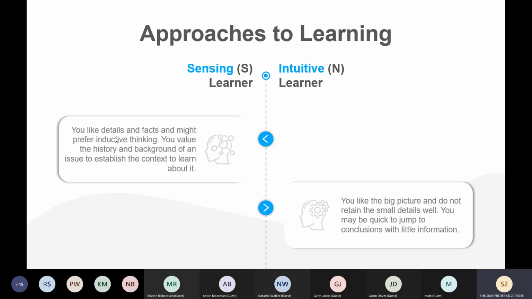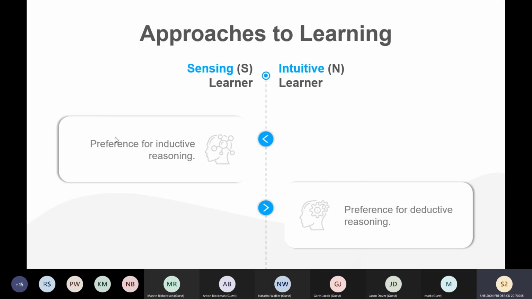You possibly like where you value the story and background of an issue to establish the context to learn about it, whereas the intuitive will retain the small details well. They like the possibility of thinking, and they would cast a wide net to gather a great deal of information from diverse sources.